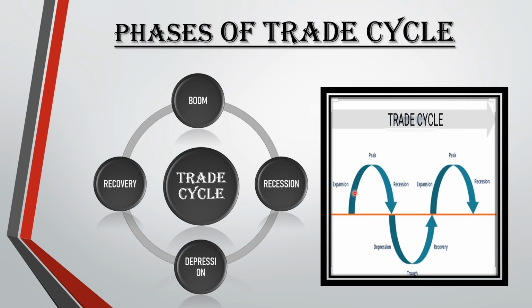The process continues as long as economic conditions are favorable for expansion. When the business is expanding a lot, it will reach the point of peak, the highest point of success, that is also known as boom. So now we are reaching the first point of the trade cycle, which is very important.